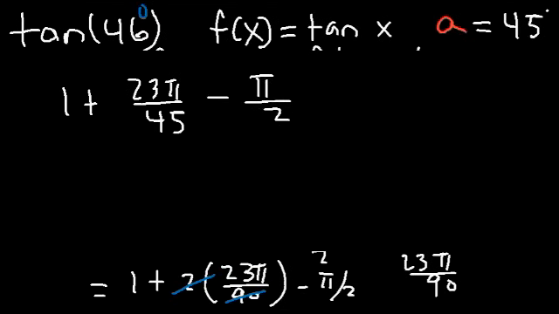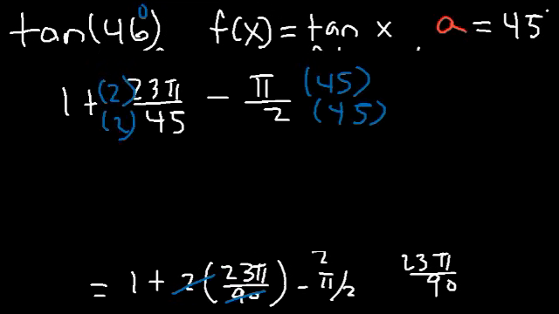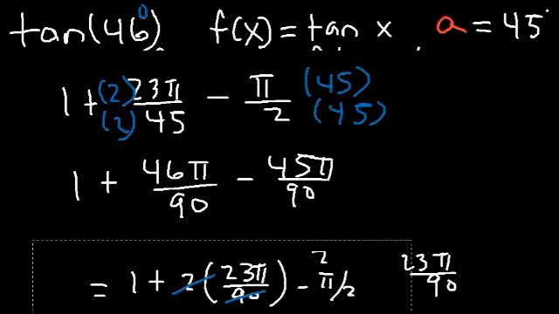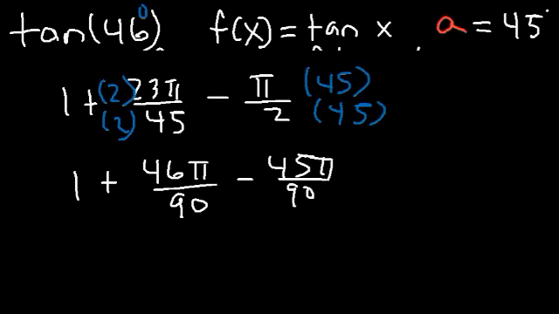So let's get a common denominator. Let's multiply this one by 45 over 45 and this one by 2 over 2. So it's 1 plus 46 pi over 90 minus 45 pi over 90. 46 minus 45 is 1.